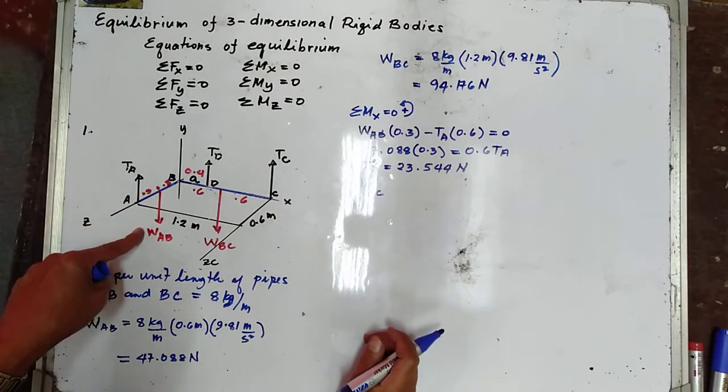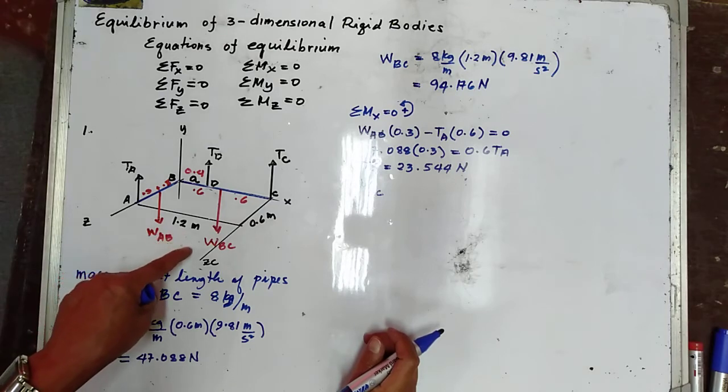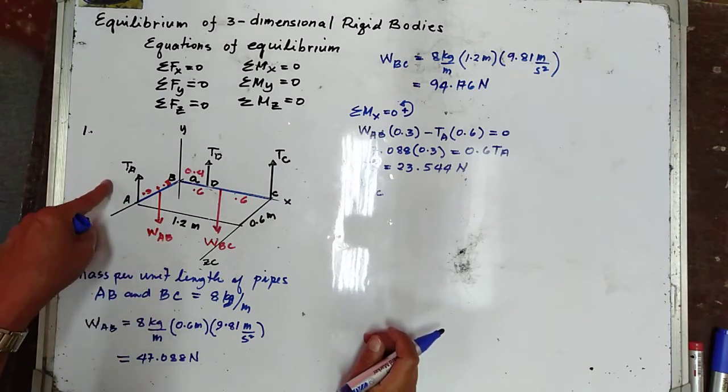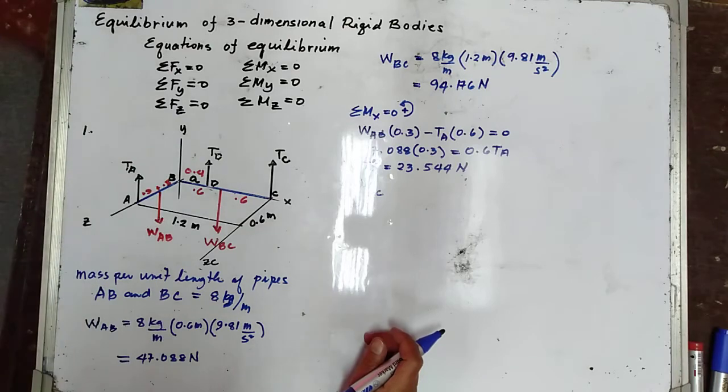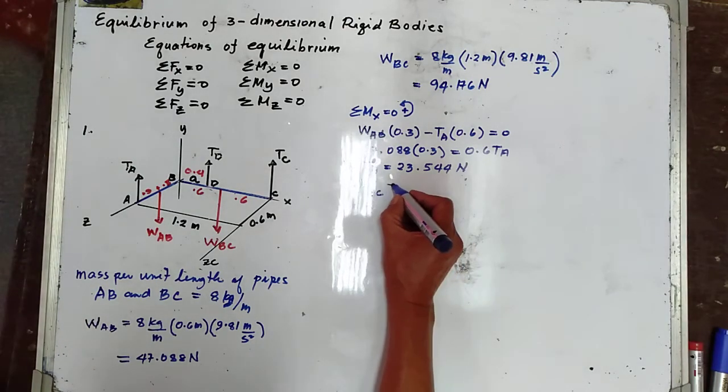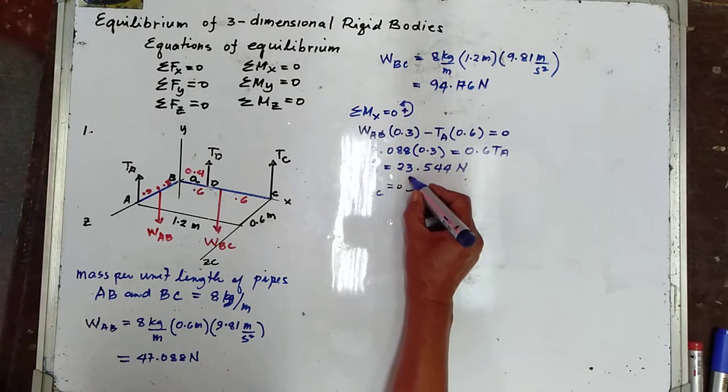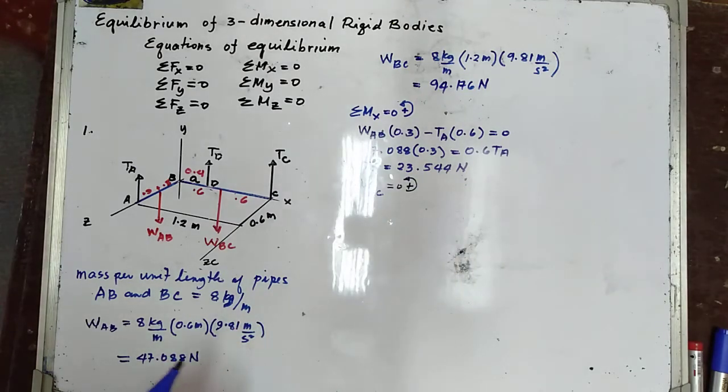So the only forces that have moment are WAB, WBC, TA, and TD. So this is equal to 0. Again, let us consider counterclockwise moment as positive.